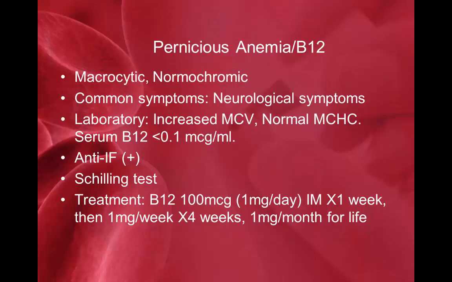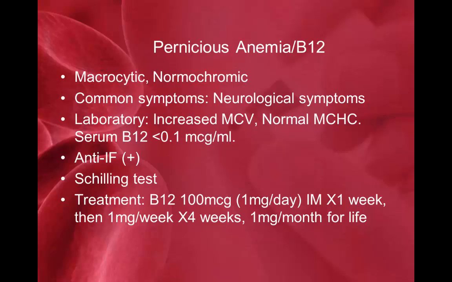So whenever you see a patient with pernicious anemia, which is vitamin B12 deficiency, it's very good to treat these patients with folic acid as well. What you will see in the laboratory values are increased MCV with a normal mean corpuscular hemoglobin concentration. The vitamin B12 level will be decreased, and the Schilling test or intrinsic factor would be diminished.